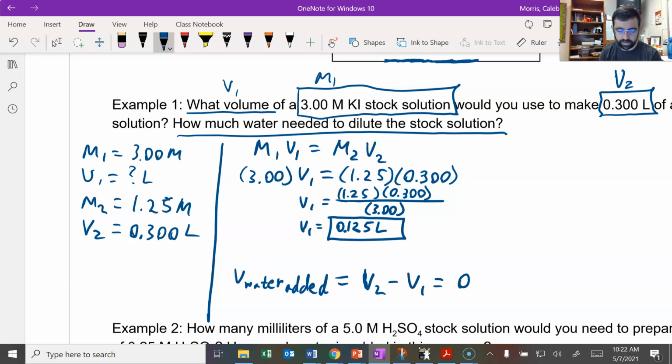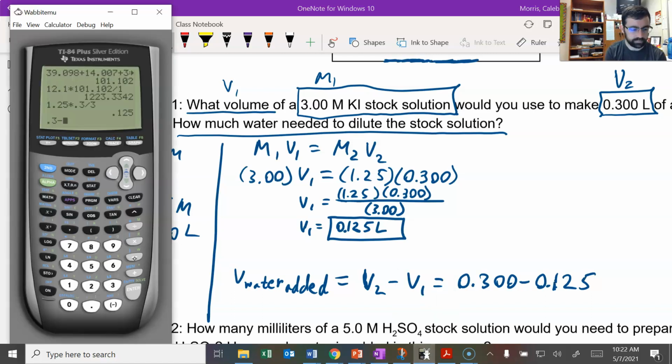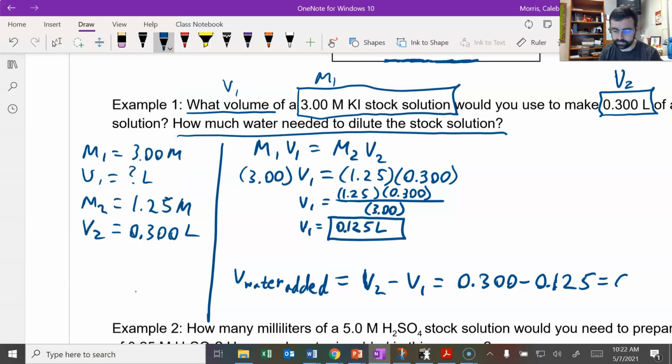So you have 0.300 minus 0.125. So I think you get 0.175. Let's check that. 0.175.